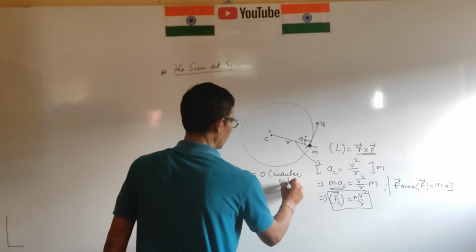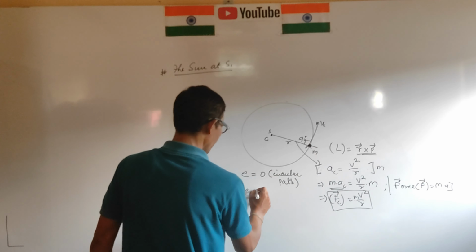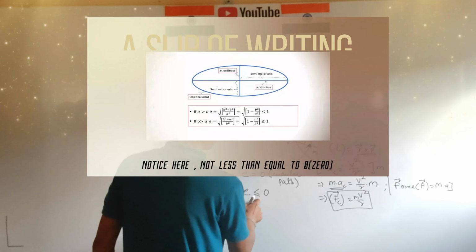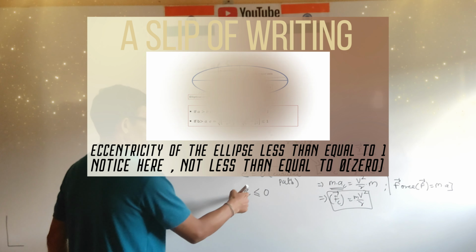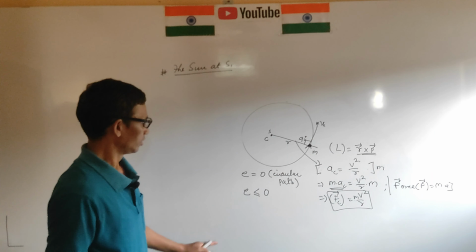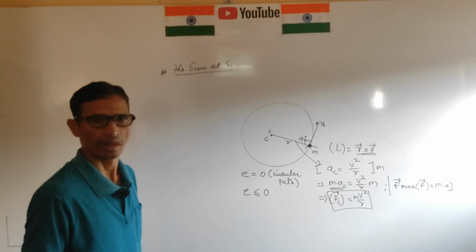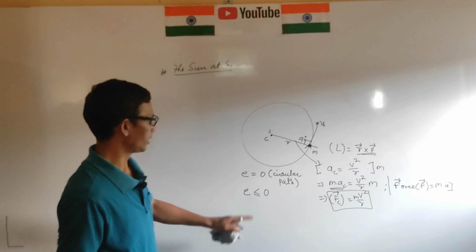And if e is not equal to 0, then it is called elliptical.